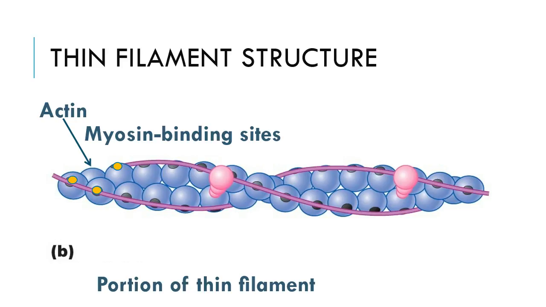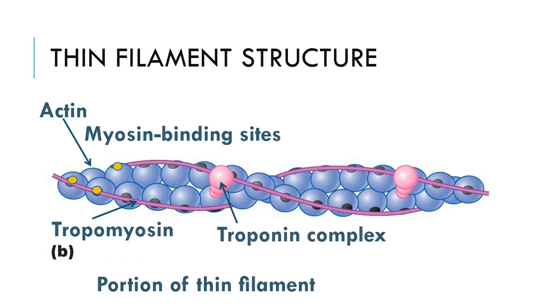There is a third protein family in a thin filament. What is the third protein? Troponin. Troponin is the third protein in the thin filament, and it's shown here in this kind of lavender. It has 3 binding sites. What can troponin bind to?